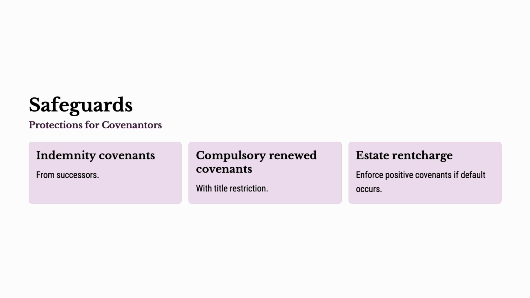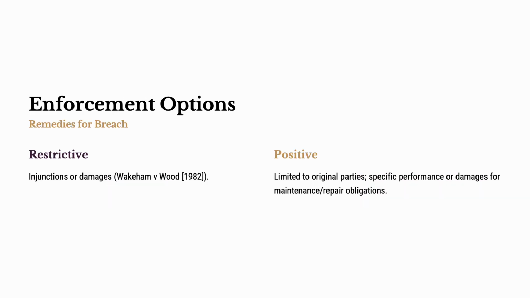An estate rent charge is a periodic payment charged on land. If the landowner fails to perform a required positive obligation like maintenance, the rent charge holder can enter the land and perform the work, recovering costs through the rent charge. This provides a way to enforce positive obligations against successors even though the covenant burden does not run. So these protective mechanisms are important to understand for your SQE exam.